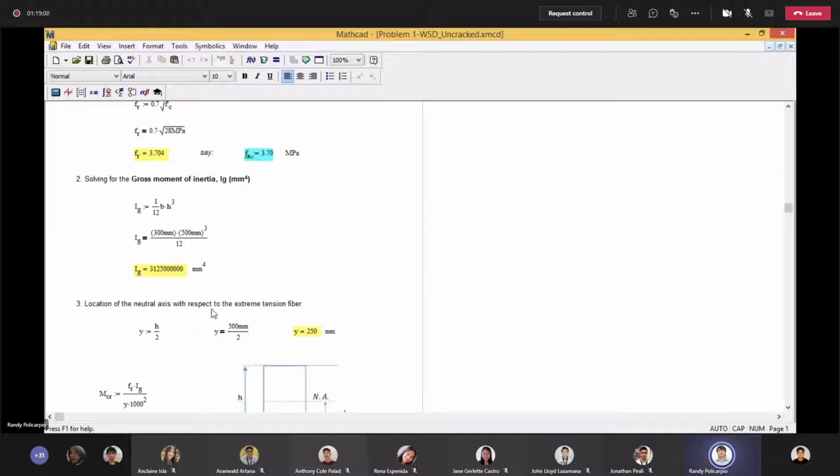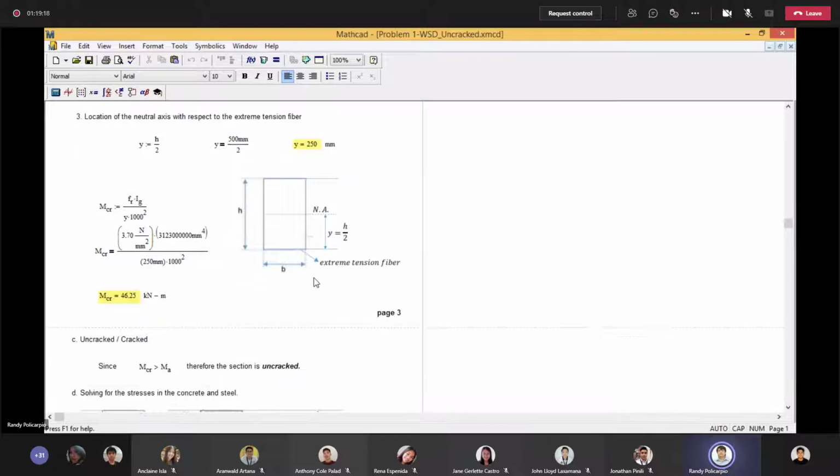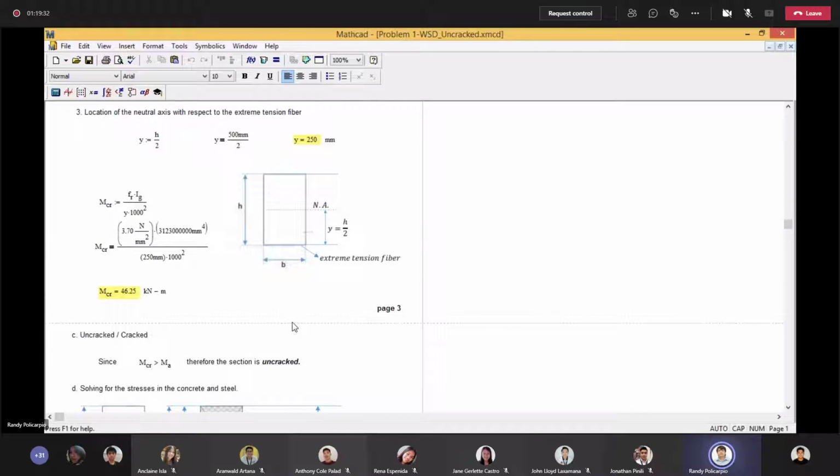Huwag mo munang include yung steel. So kailangan kunin mo yan dun sa centroid nung section. Pagkatapos nun, kukunin mo yung distance ng extreme tension fiber with respect to the neutral axis of this section. Okay, walang reinforcement, ha?